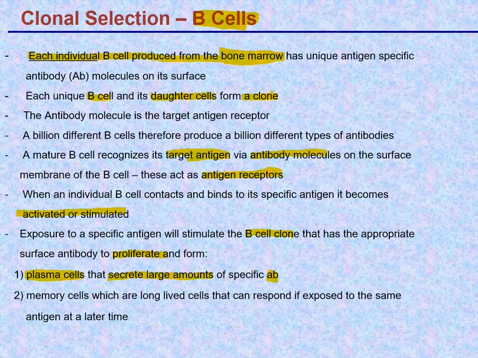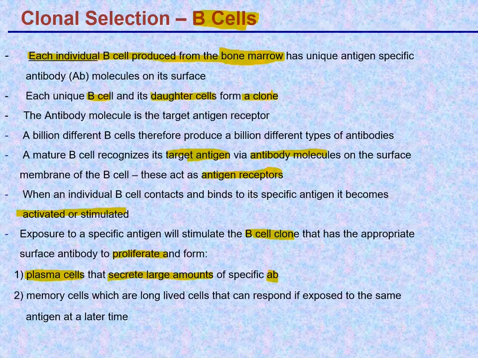But some, a reasonable number, of the daughter cells from that activated clone become memory cells. They don't go towards the plasma cell and start producing lots of antibody. Instead, they become memory cells, and these are very long-lived cells that could respond if you get exposed much later down the road to the same foreign molecule.